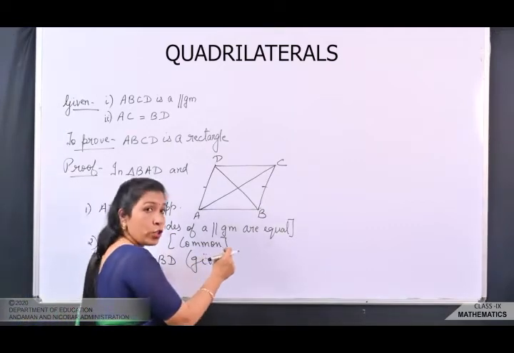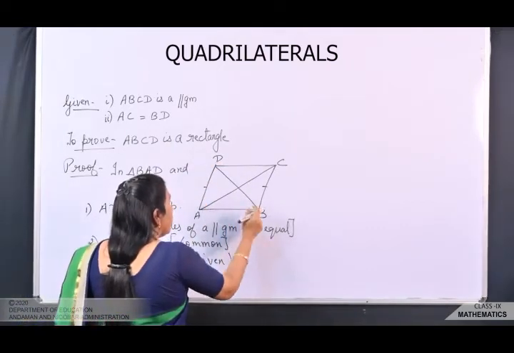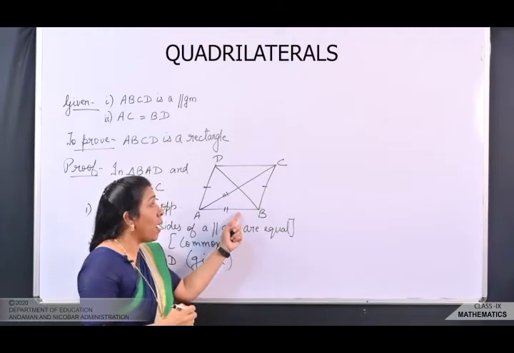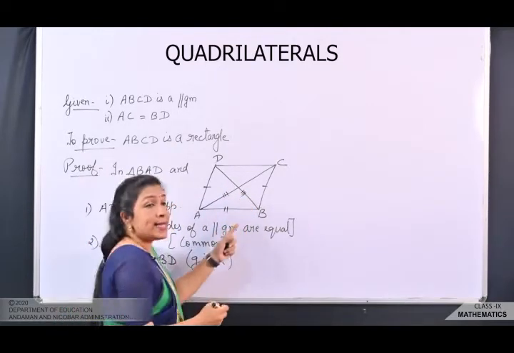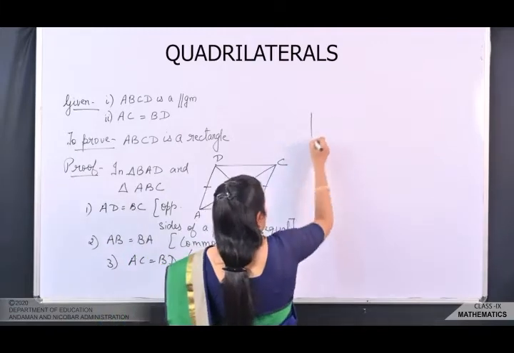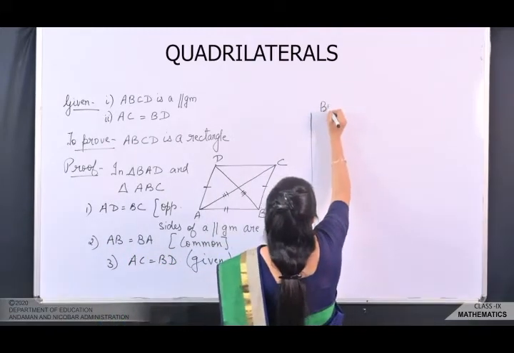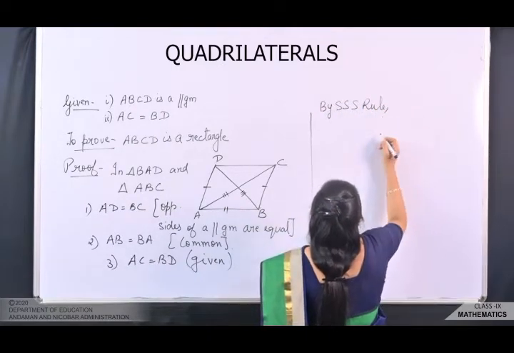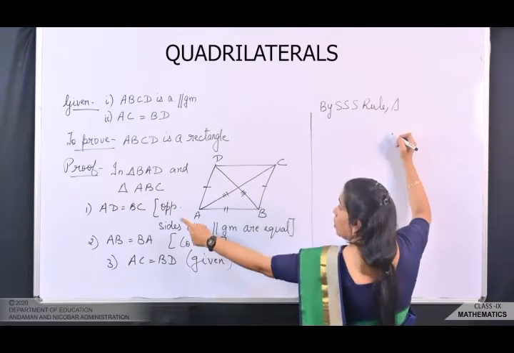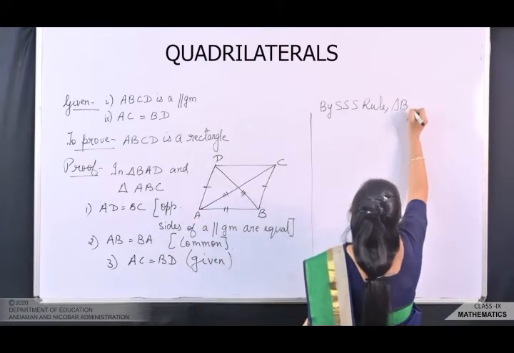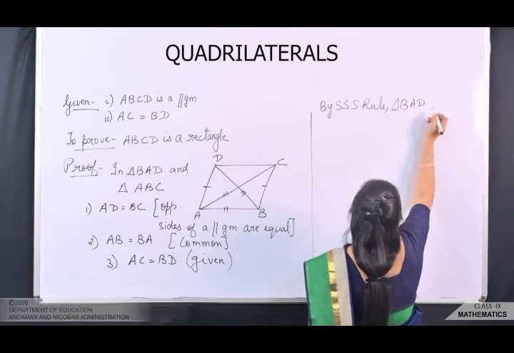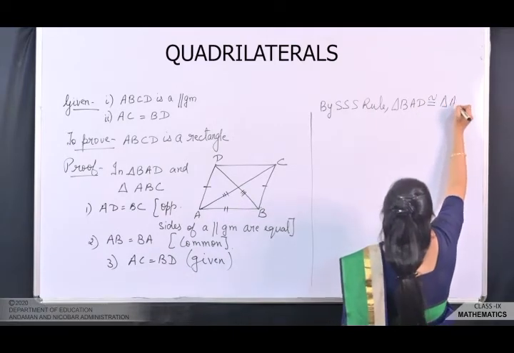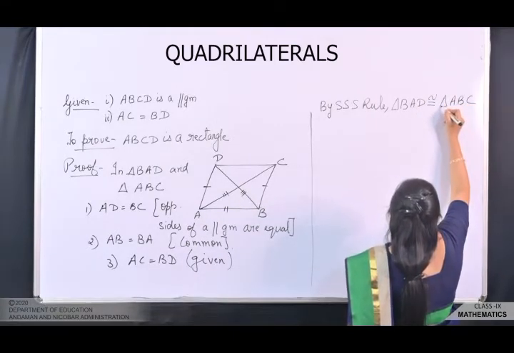Now देखिए कौन सा congruence rule? इस triangle में this was equal and this was equal, right? So by SSS. So we'll write here by SSS rule, triangle BAD is congruent triangle ABC.